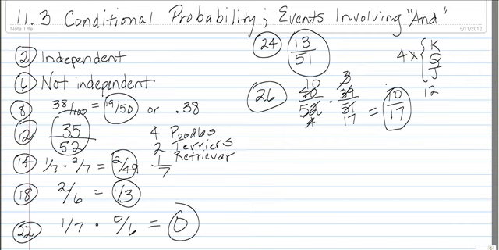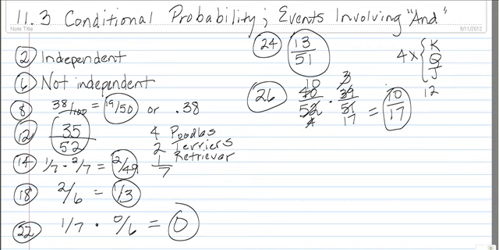Okay, we're still working on cards. Use the results of exercise 28. I don't like what they do in 28, so we're just going to do it by the process of just reasoning it through.